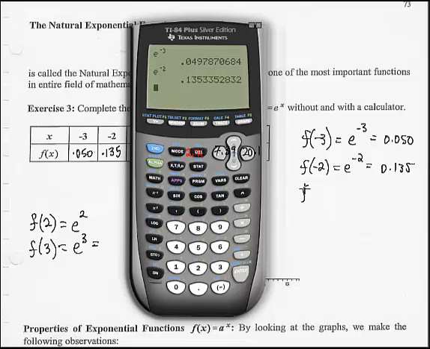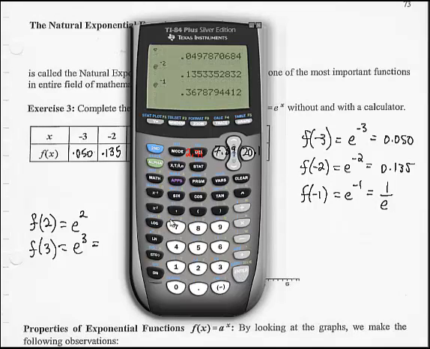And f of negative 1 will be e to the negative 1, or you can write 1 over e. So second ln to the negative 1, and then 1 over e, enter.